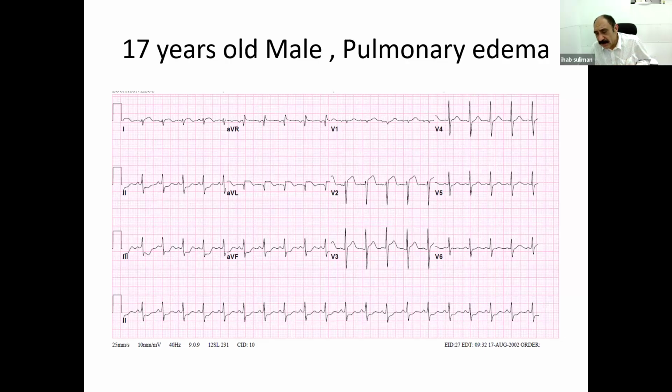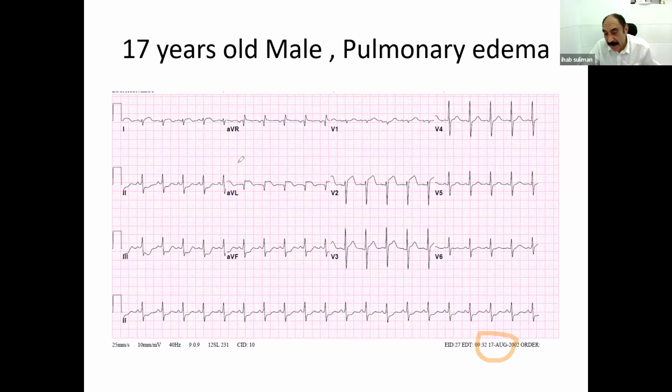So 17 years old, 23 years ago, as you can see here, came with a severe pulmonary edema. So what is going on with his ECG? If somebody would like to comment, please.